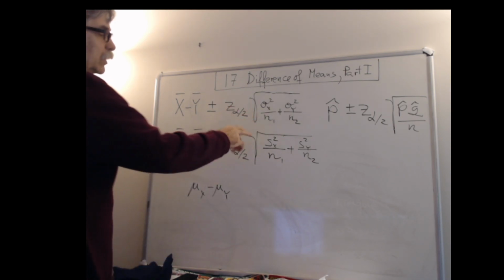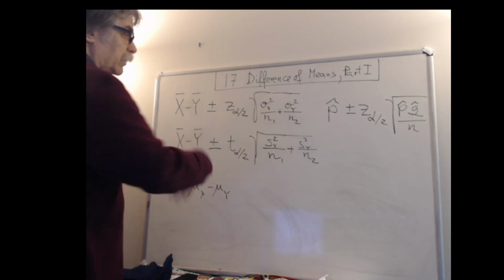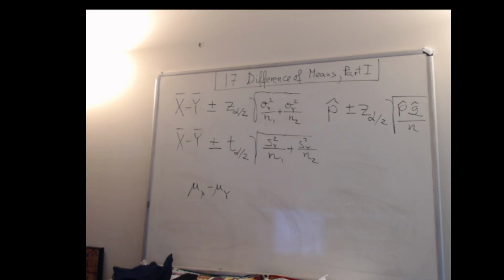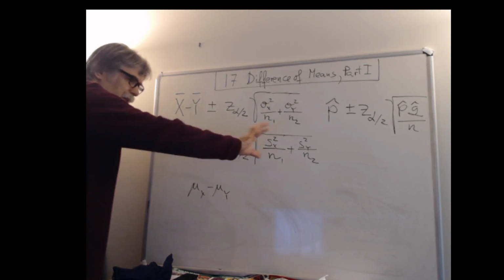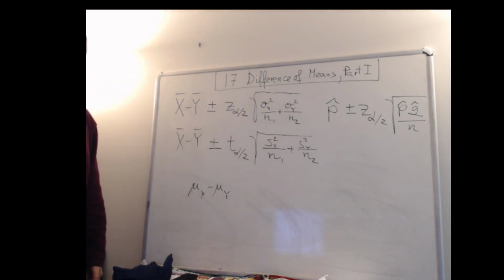So you either would not know this guy or you would not know this guy. When you have that situation, you will use t-estimate. Again, you gotta remember that. You would use a t-estimate when you don't know both of these guys. That's all there is to it.